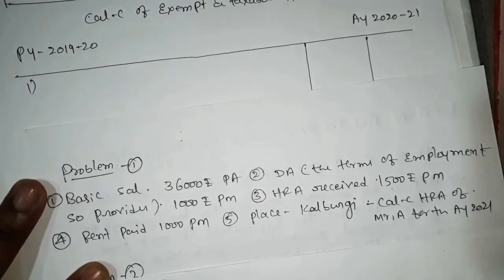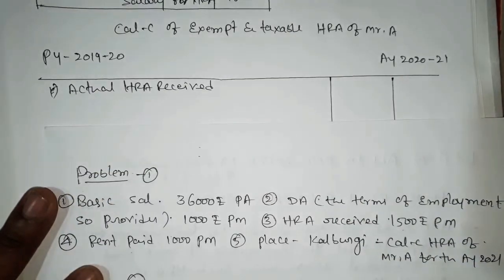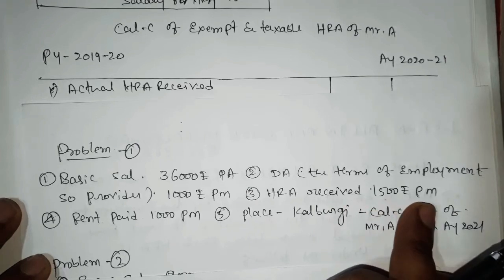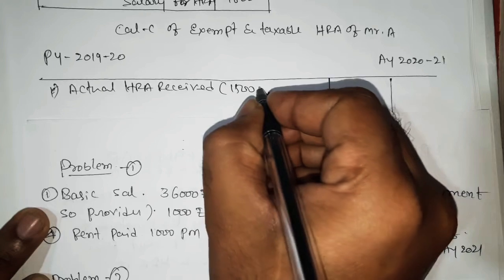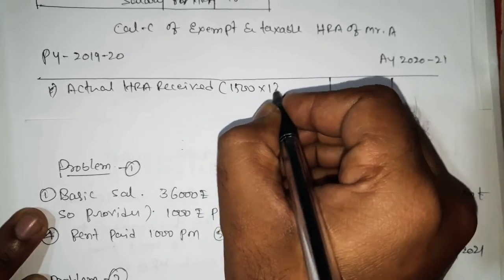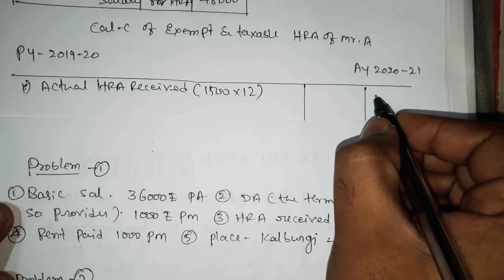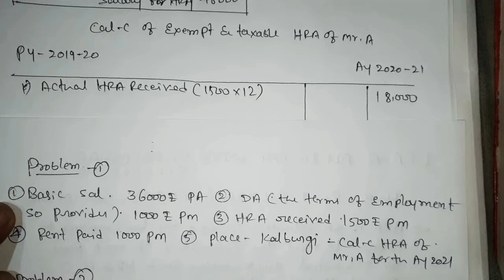The HRA received is 1500 per month, so we go with 1500 into 12. Calculating it, we will get 18,000.